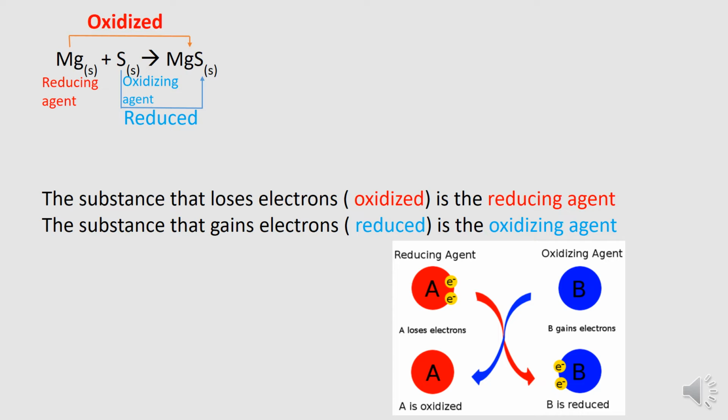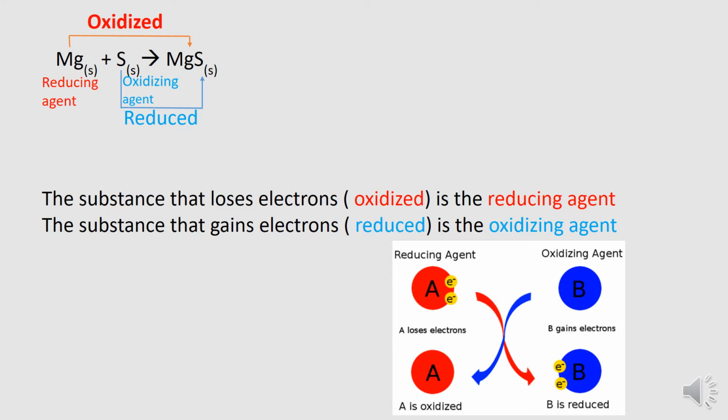So the substance, for example magnesium, that loses electrons, meaning it is oxidized, we name it the reducing agent. The substance that gains electrons, such as sulfur, so we say it is reduced, we name this substance the oxidizing agent.